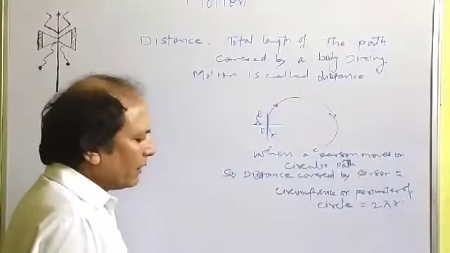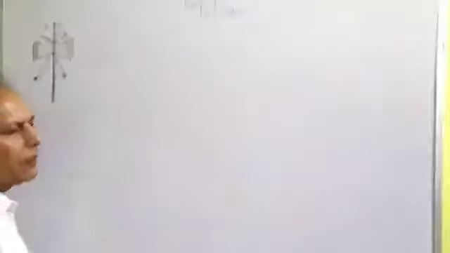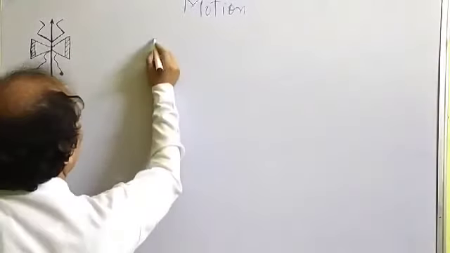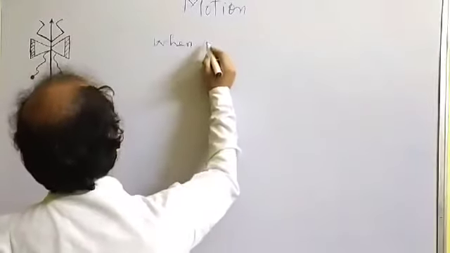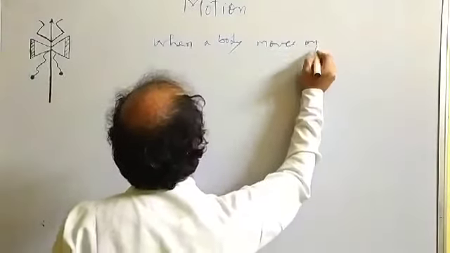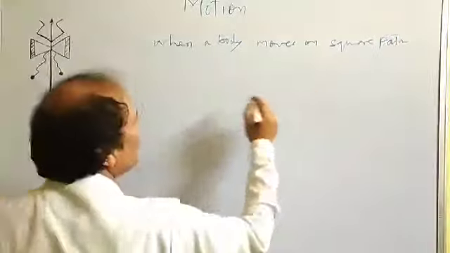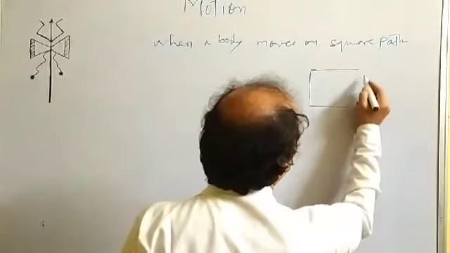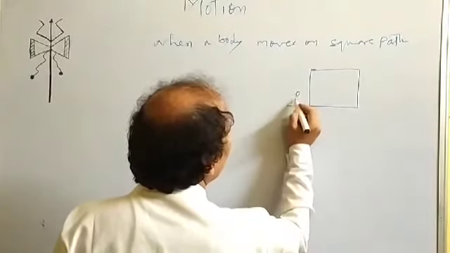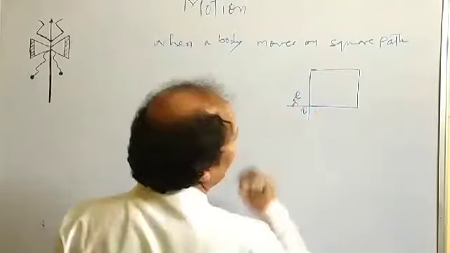Now suppose a person moves on a square shaped path. When a body moves on a square path, suppose this is the origin point, a person starts moving from here.